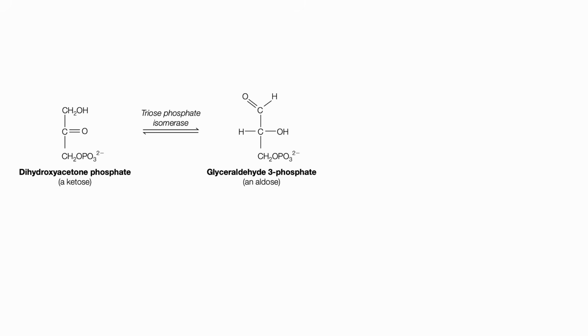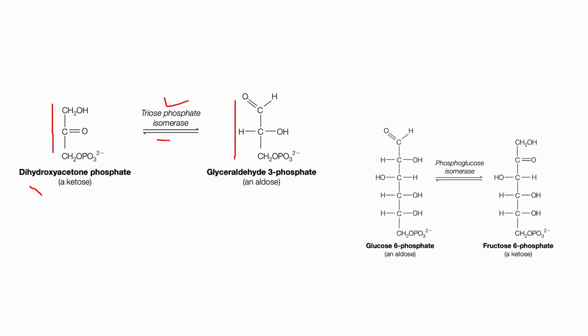Let's have a look at an example, triose phosphate isomerase. Triose phosphate isomerase works on dihydroxyacetone phosphate. This is also again in glycolysis, and then they just shift their group to form glyceraldehyde 3-phosphate from dihydroxyacetone phosphate. Here you have seen the change of the group, but everything else is the same.